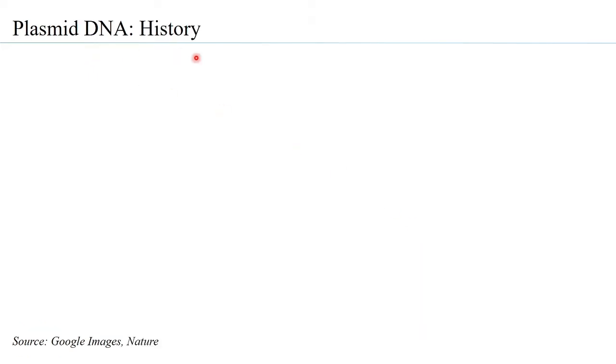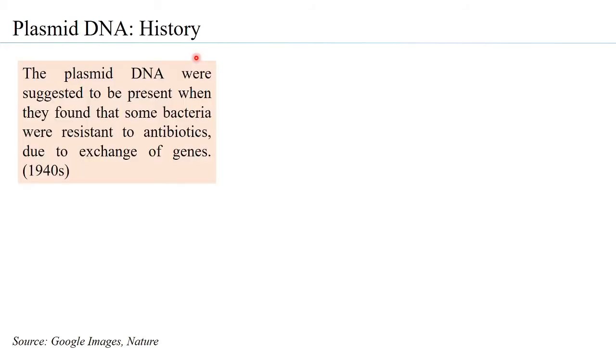So just going by the history of the plasmid DNA, in fact, the plasmid DNA were suggested to be present when scientists began to find that certain bacteria become resistant to antibiotics or resistant to certain drugs.